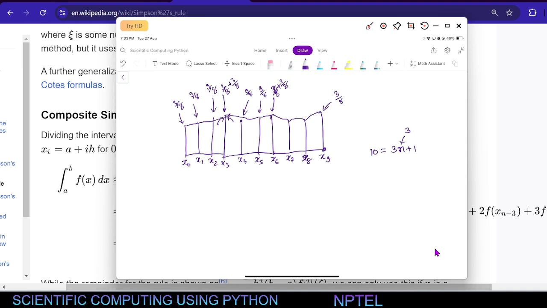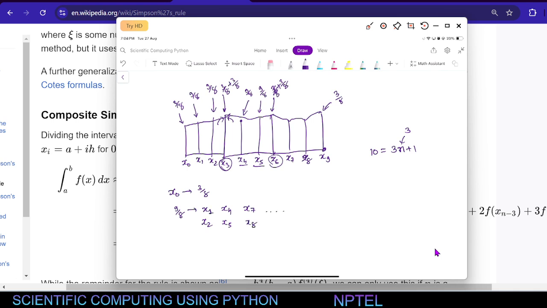So let's see, x0 gets 3 by 8. Then who gets 9 by 8? x1 gets 9 by 8. x2 gets 9 by 8. Then x3 doesn't get 9 by 8. x4 gets 9 by 8. x5 gets 9 by 8. Again, x6 does not get 9 by 8. x7 and x8 will, right?